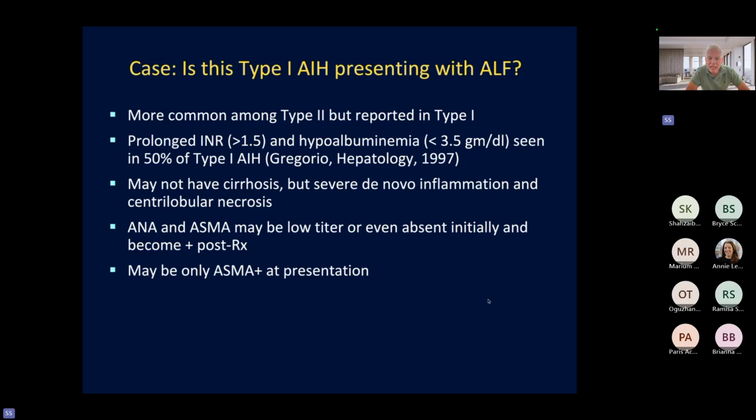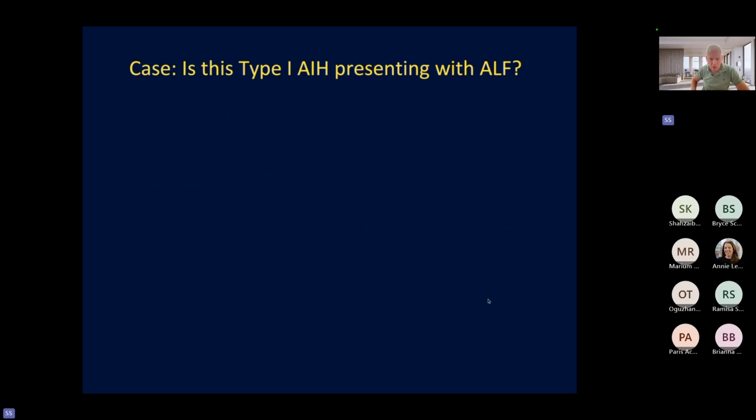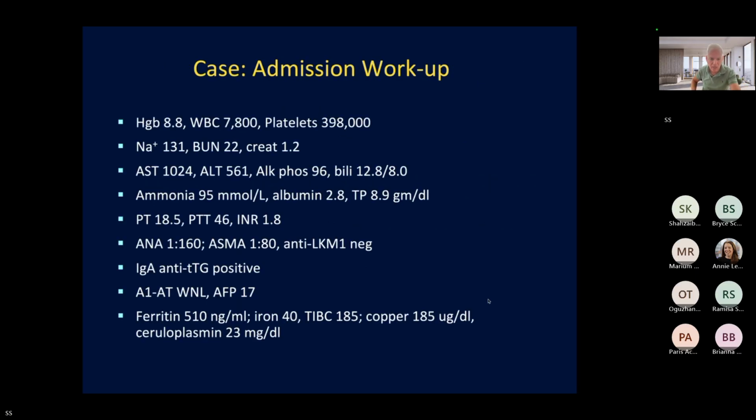The ANA and anti-smooth muscle may be low titer or even absent initially and become positive post-therapy, and may only have anti-smooth muscle antibody positivity at presentation. Now, her ANA is 1 to 160, ASMA is positive, although weakly so.